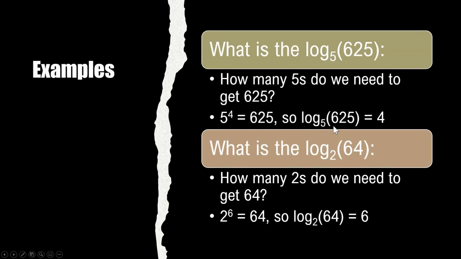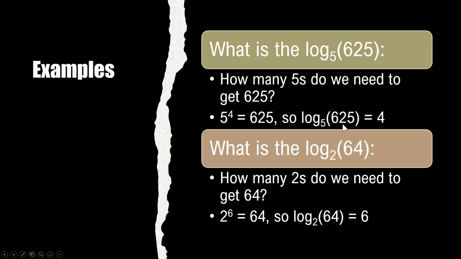All right, so now let's just look at some examples. Some of it, you may be looking at it and going, Barfield, I can't do this off the top of my head. Trust me, I got a plan. It says, what is the log base 5 of 625? How many 5's do we need to get 625? You can see it right here: 5 to the fourth equals 625.